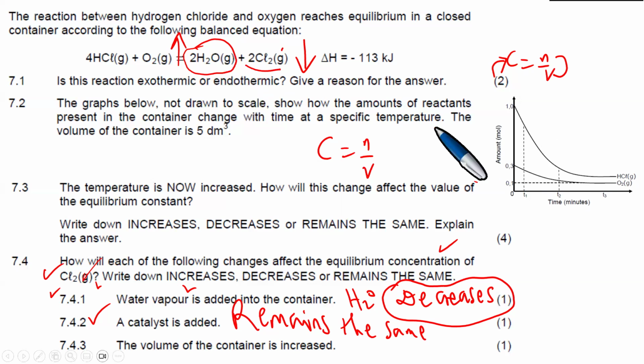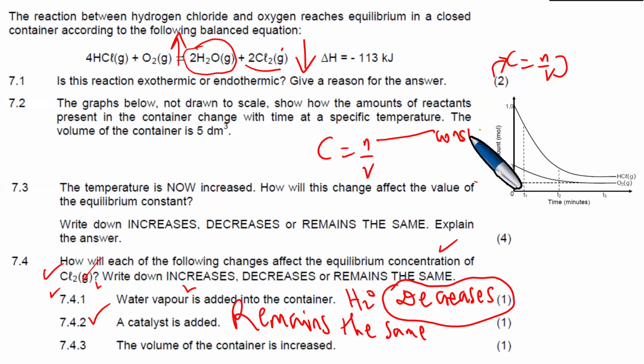It is only showing us the reactants, but graphs in general can even show the products. So at some point, even the number of moles of the product formed will be constant as well. So when the number of moles of HCl is constant, the O2 is constant, the water is constant, the chlorine gas is also constant, it means that the number of moles is constant.